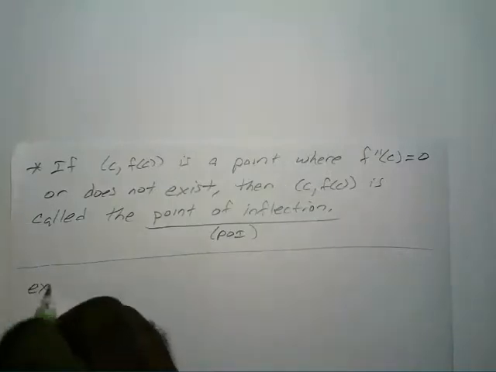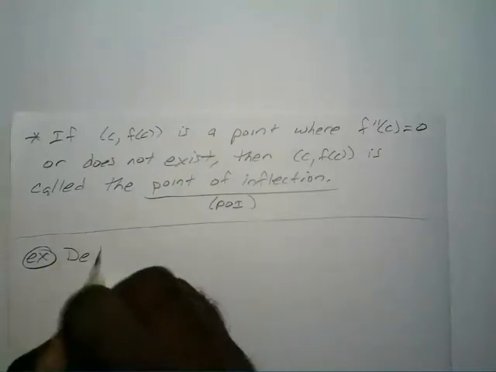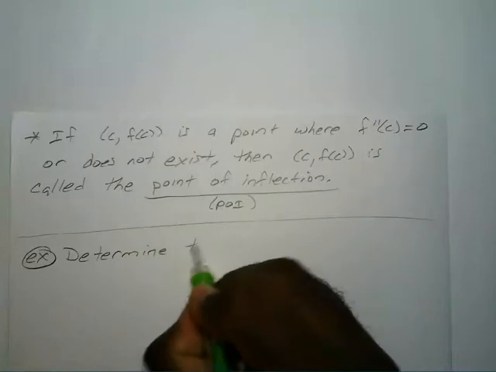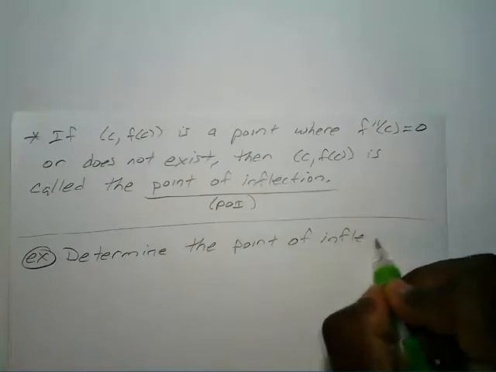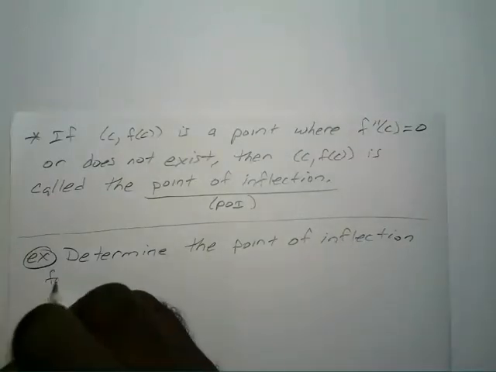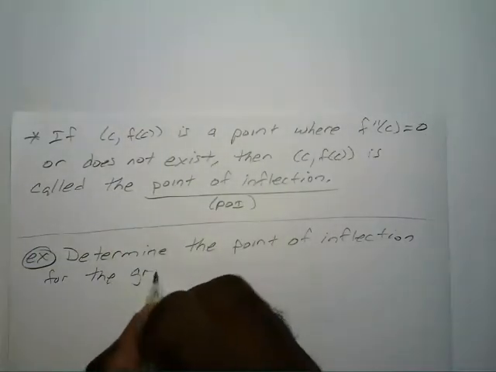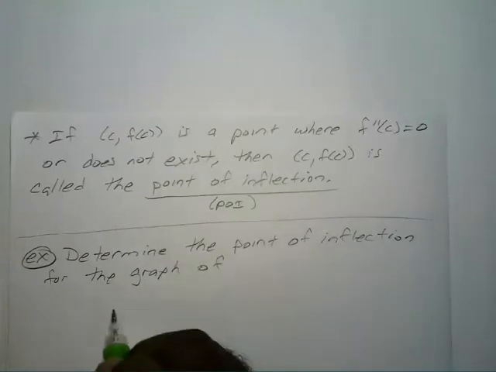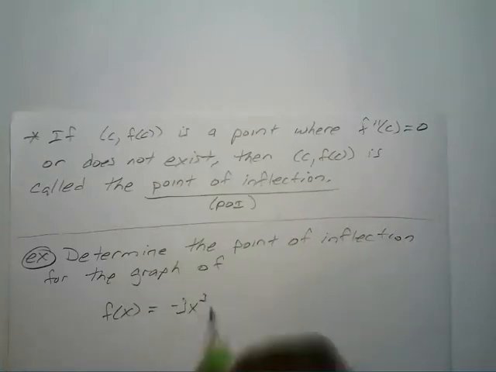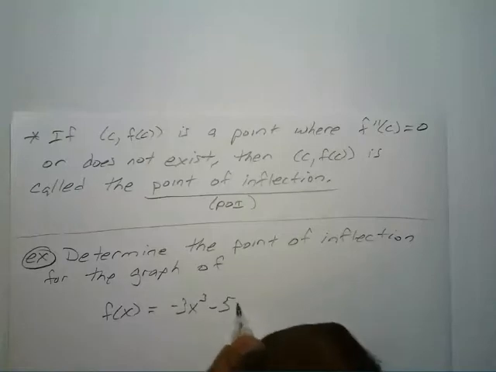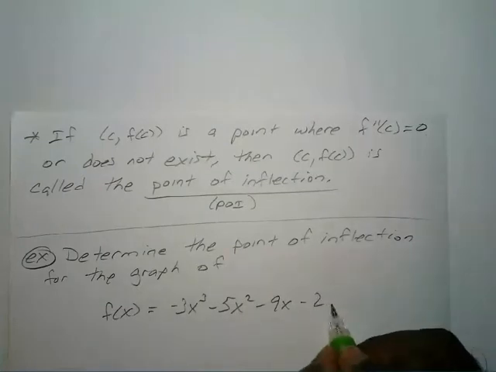Okay, so let's say, for example, we want to determine the point of inflection for the graph of f of x equals negative 3x to the third power minus 5x squared minus 9x minus 2.